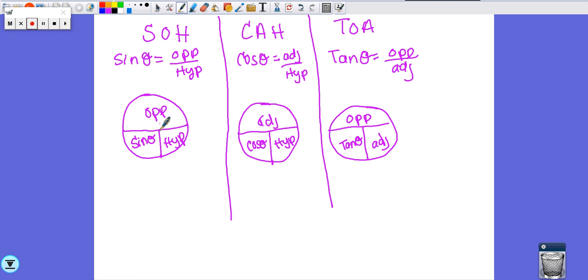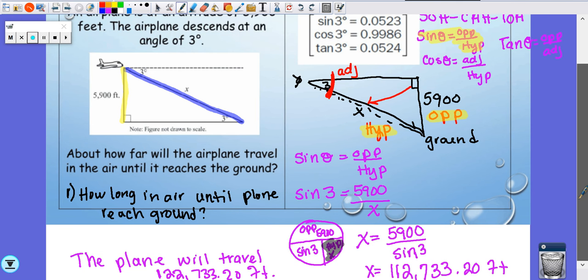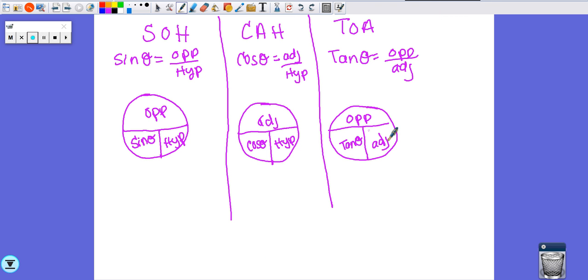So use these circles, and depending on wherever x is, you just scratch it out. If you scratch out the opposite, that means you're going to multiply whatever you have right here. If you scratch out the hypotenuse, that means you're going to divide whatever you have for this, like the other question here. Because I had to scratch out the x part, then that means I had to divide 59 over sine 3, and that's how I got what I needed. And that works the same for all of the trig functions.